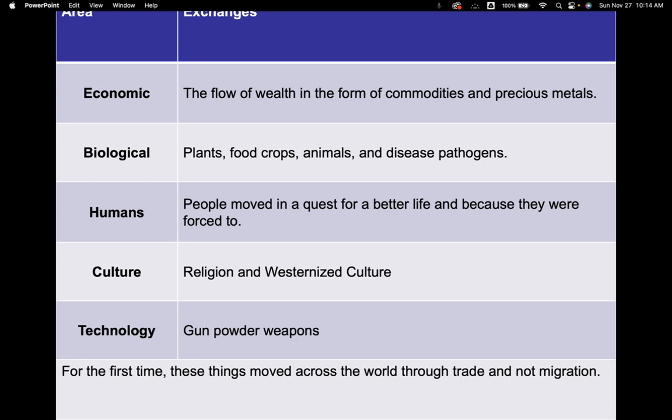There were many migrations during this time period, not just Europeans going to the colonies, but don't also forget the massive slave trade that took place between Africa and the Americas and brought chattel slaves to the Americas. Culturally, religion, especially Christianity, and westernized culture spread around the world and became dominant. And technologically, gunpowder weapons, especially cannons, were used. For the first time, these things moved across the world through trade and not migration.